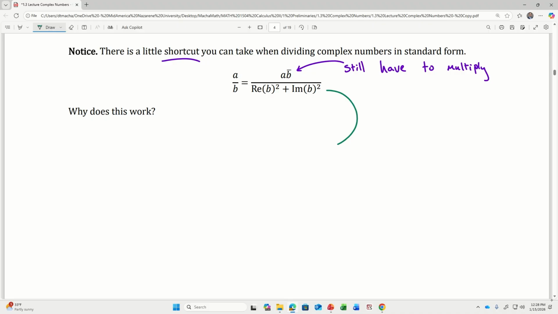But in the denominator, whenever you have b times b conjugate, suppose b is some real part plus an imaginary part, x plus yi, then b conjugate would be x minus yi.